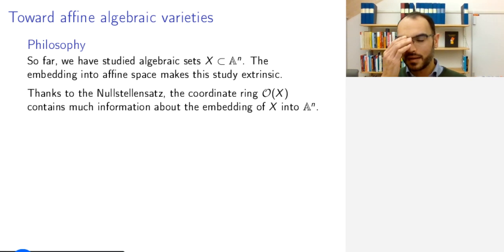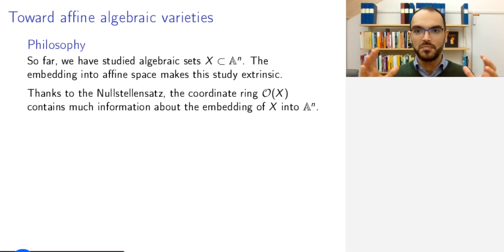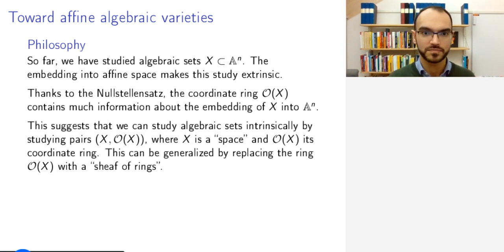So our way to move away from this embedding-dependent version of algebraic geometry will be to study algebraic sets as pairs of some space X, not embedded in anything, just some abstract space, together with some algebra of functions defined on this.